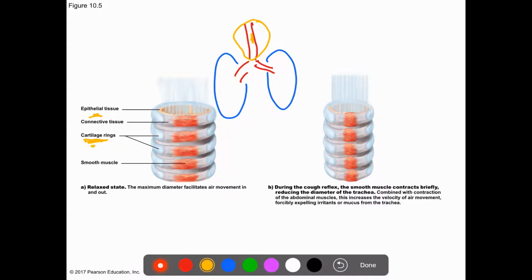So this tissue is covered with a mucus, and it will help in filtering and trapping foreign objects and foreign particles and preventing them from getting inside the lungs. Also, the trachea will help in cough reflexes. When the trachea is contracted or constricted, it will push air outside, and that is the cough.